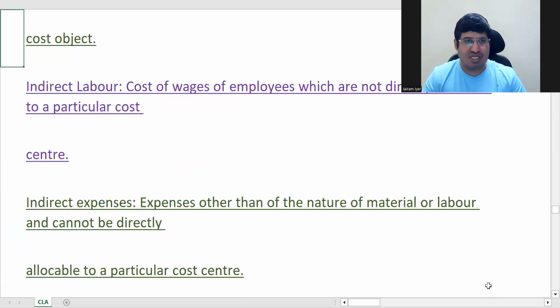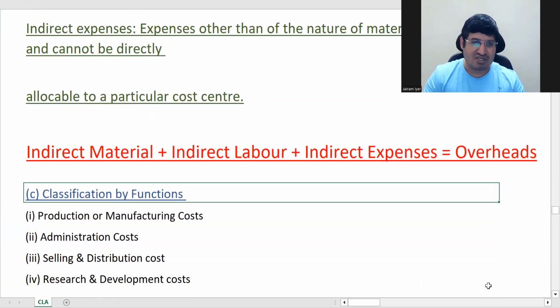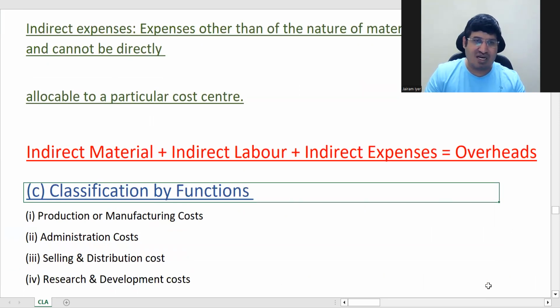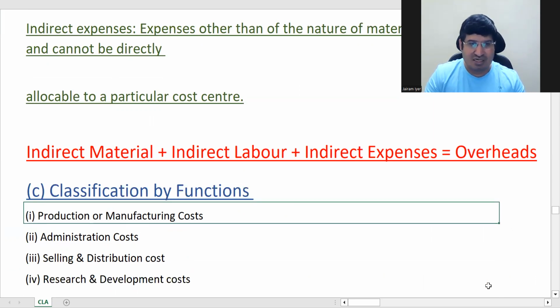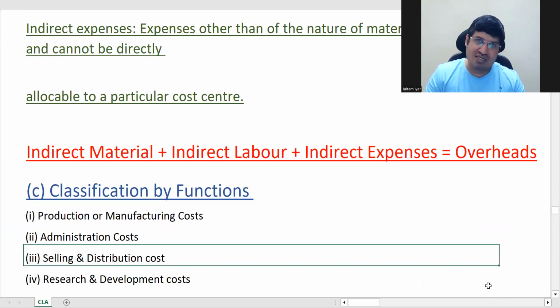So now this was the second classification. Now we are going to the third classification: classification by functions. Functions means, for all factory cost will be called production cost, administration cost is office cost, and selling and distribution.